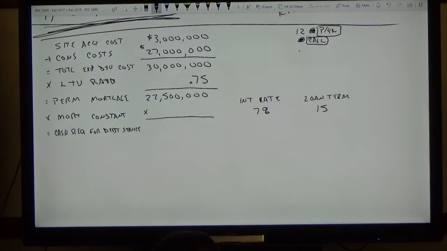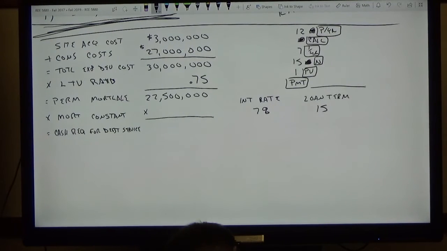And then we're going to put in 7% as our interest rate, 15 years as our term. And then we're going to put in $1 as the loan amount, or present value, and we're going to solve for payment.